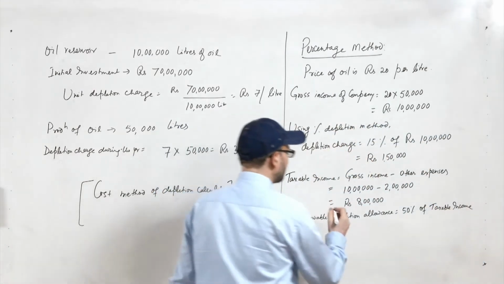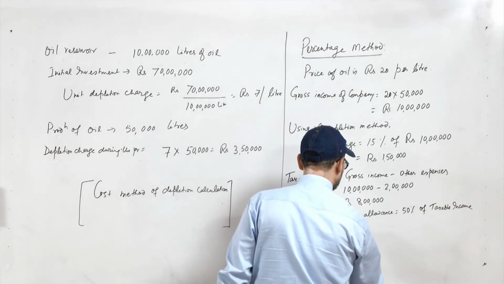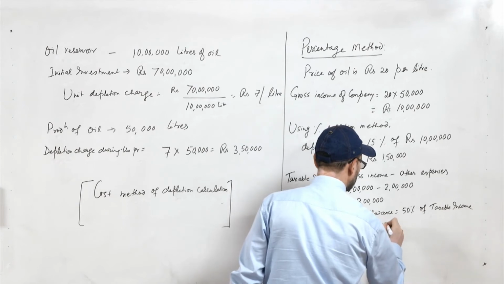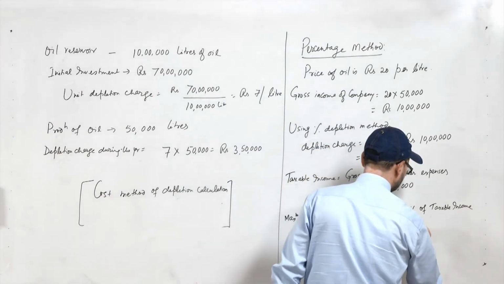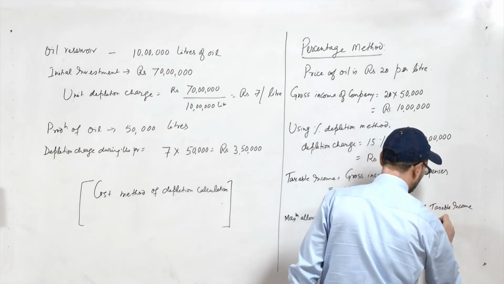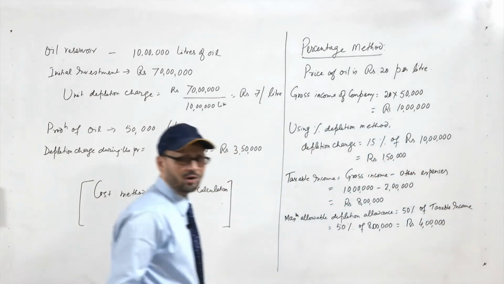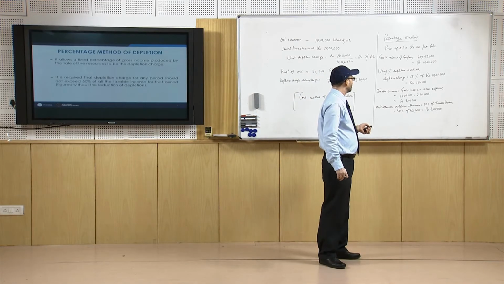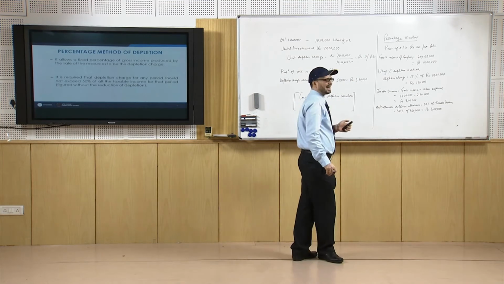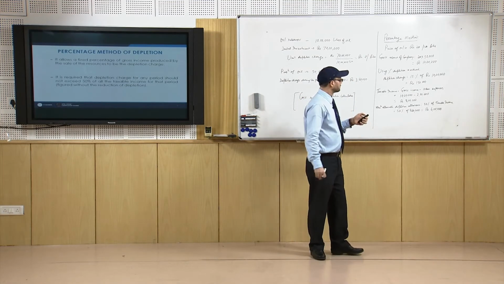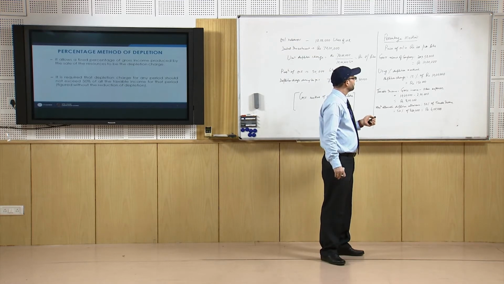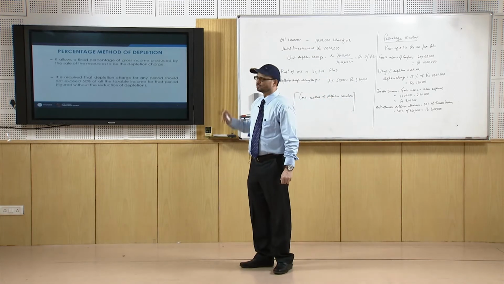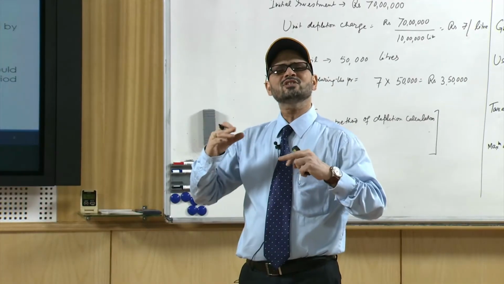So, it will be 50% of 8 lakh, that is 4 lakh. Now, the company can afford to have a maximum depletion allowance of rupees 4 lakh, whereas based on the percentage basis the depletion amount has come out to be 1,50,000. So, the minimum of the two will be taken as the depletion charge.